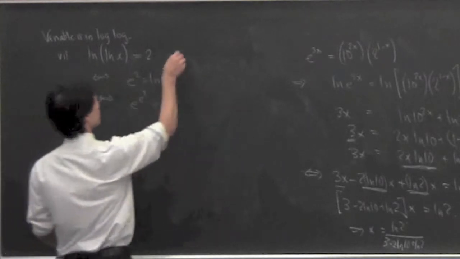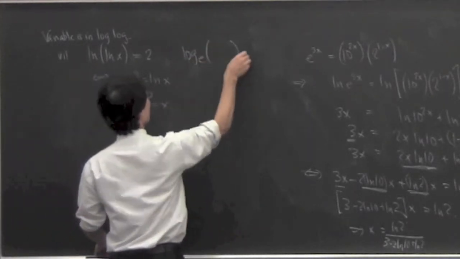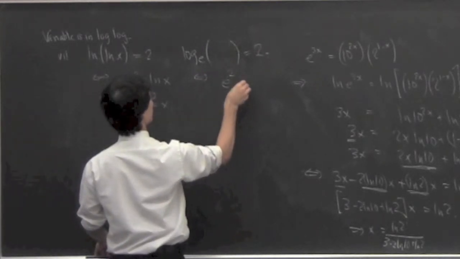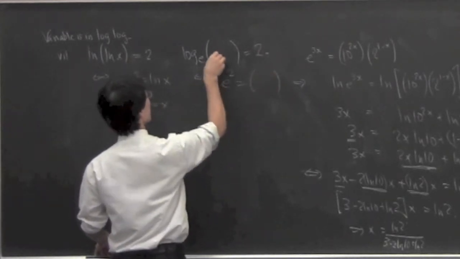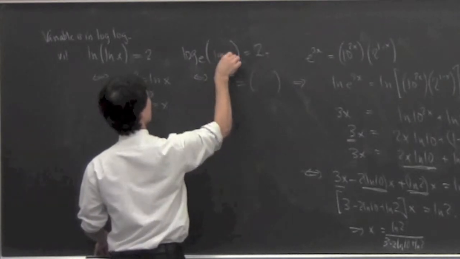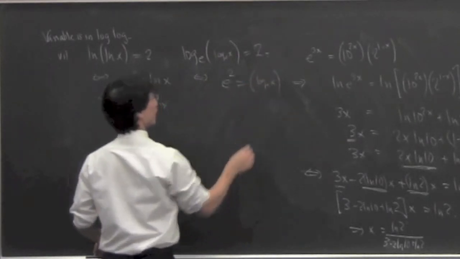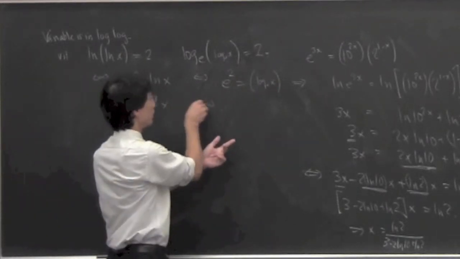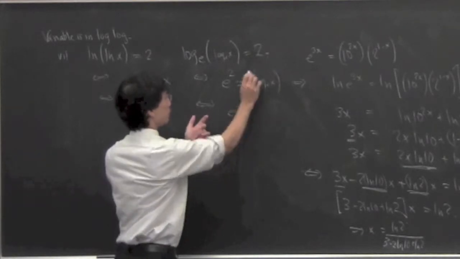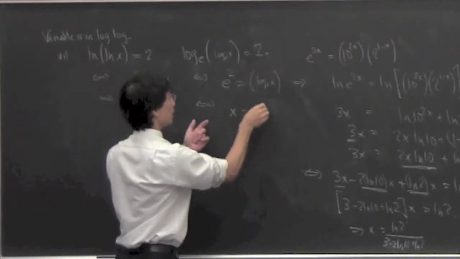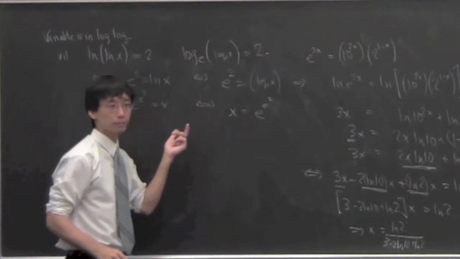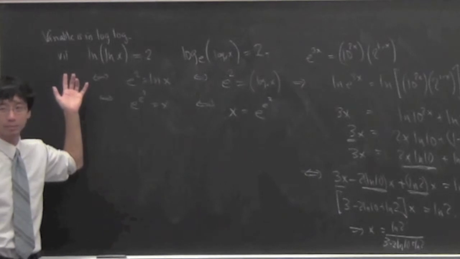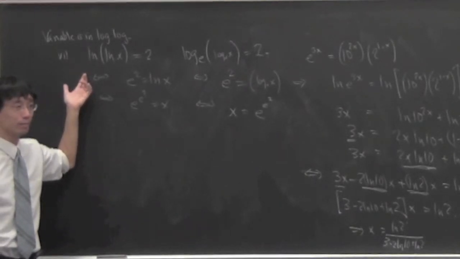You translate it: this is log base e of something is 2, which is the same thing as saying that e to the 2 is that something, and that something was log base e of x. And then you do it again: log base e of x is something, so x is e to that something. So you just do the same thing twice. It's easy, right?